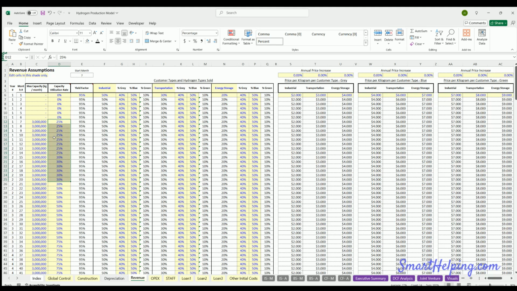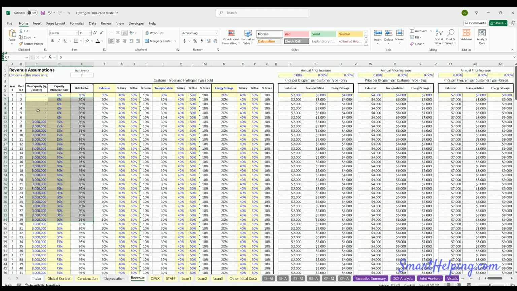This is going to drive a lot of your variable costs. And then you have a yield factor to say some of what you produce will never be sold because of waste, leakage, what have you. So of whatever you do produce, this percentage is telling you how much you're actually selling. So these three define your hydrogen production and yield.